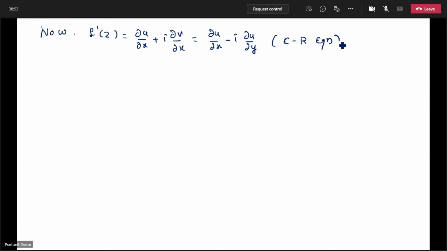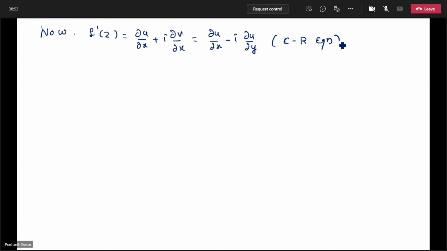Then f dash z is what? Phi 1 of x comma y minus i into phi 2 of x comma y.